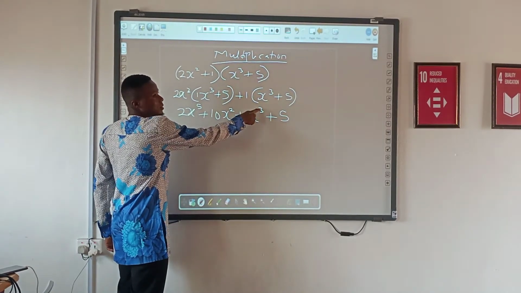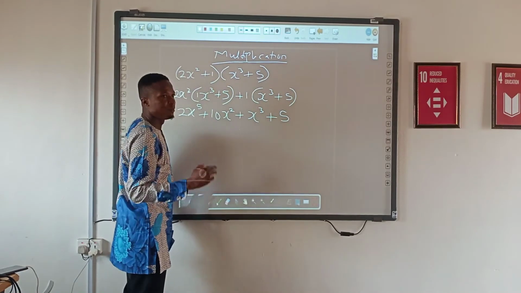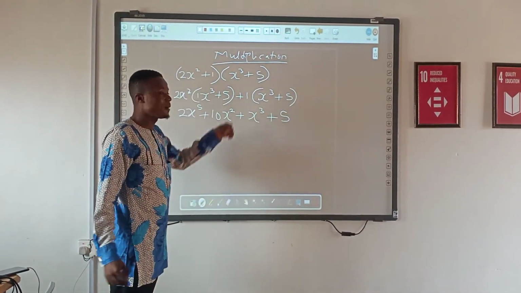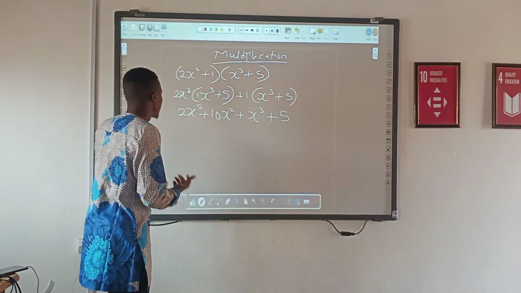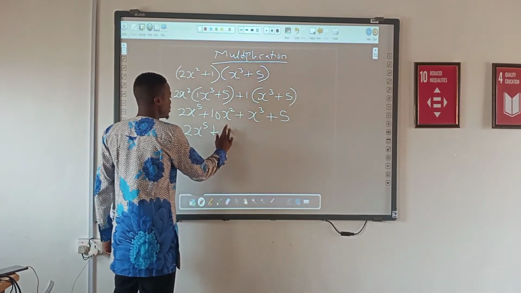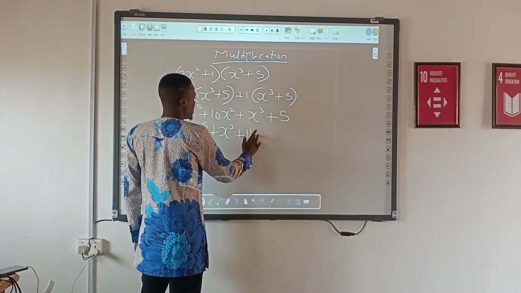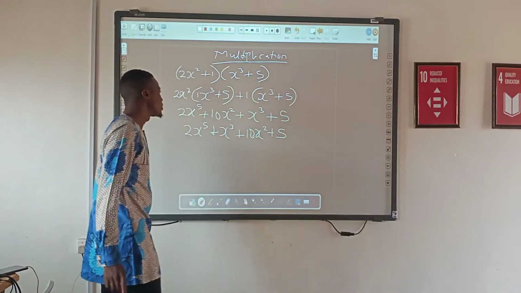They are considering their what? Their power. Even if you leave it like this, it is correct. But to put your answer in the most correct form, the highest powers come first, either in ascending or what? Descending. So we have 2x to the power of 5 plus x cubed, then plus 10x squared plus 5.